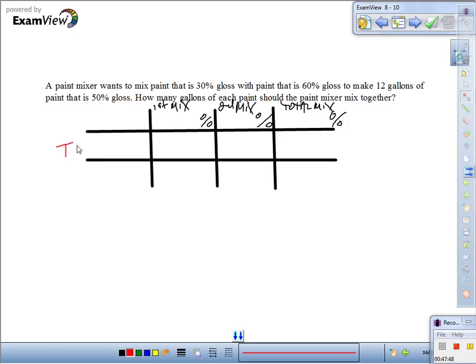What else doesn't change? Item, in parentheses. Now what items are we talking about? Gloss, but we're writing the measurement, which is in what? Gallons, GL. I'm going to write GL. Here we write percent, parentheses, in decimal.